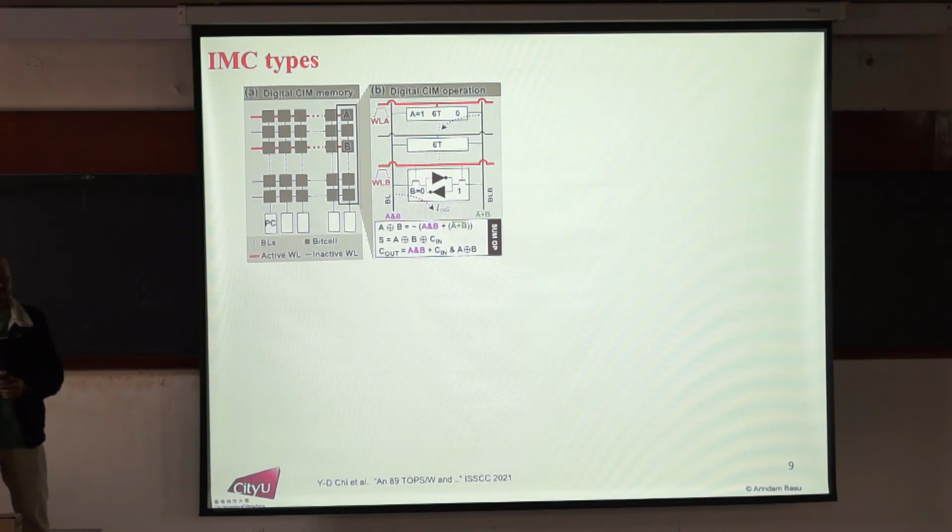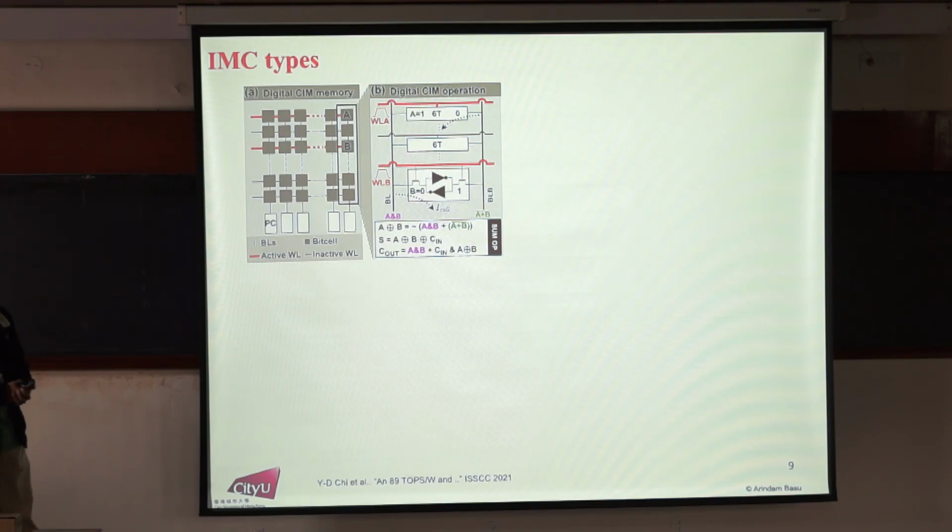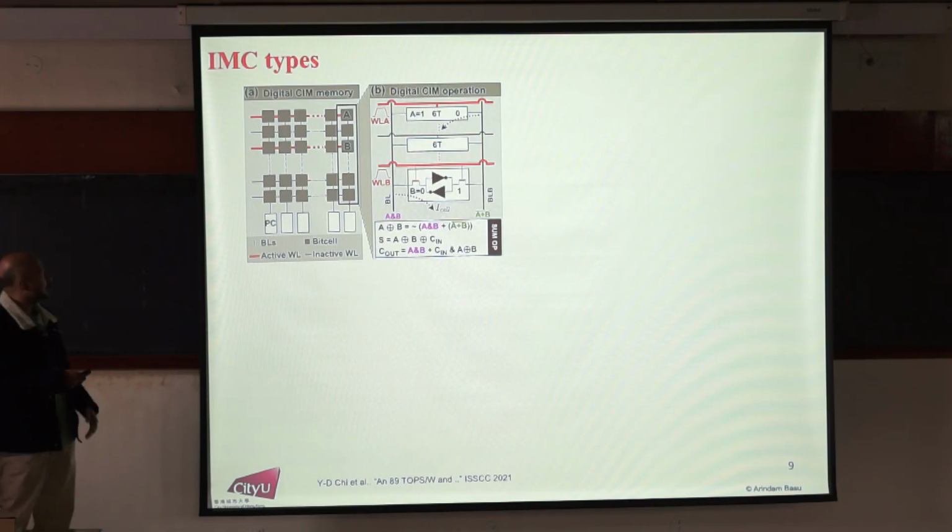I talked about analog CIM in the last slide. There's also digital CIM. If you look at papers recently, a lot of people are talking about digital in-memory computing. What is that? That's basically doing something like this. If your operands are stored in memory, you can enable, let's say, two of these memory cells, and this is for SRAM. The computation that happens on bit line and bit line bar is basically an AND operation and a NOR operation.